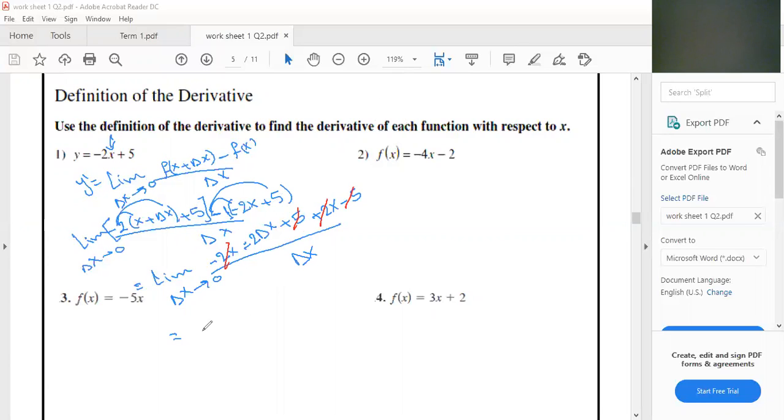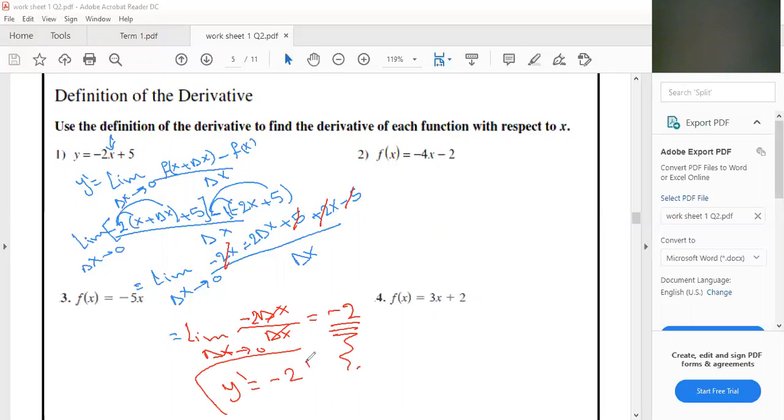So it will be limit of -2 delta x, which is the rest in the numerator, over delta x. When delta x approaches 0, this cancels, so it will be limit of -2, and it will be -2. That is the derivative of this function. So y prime equals -2.